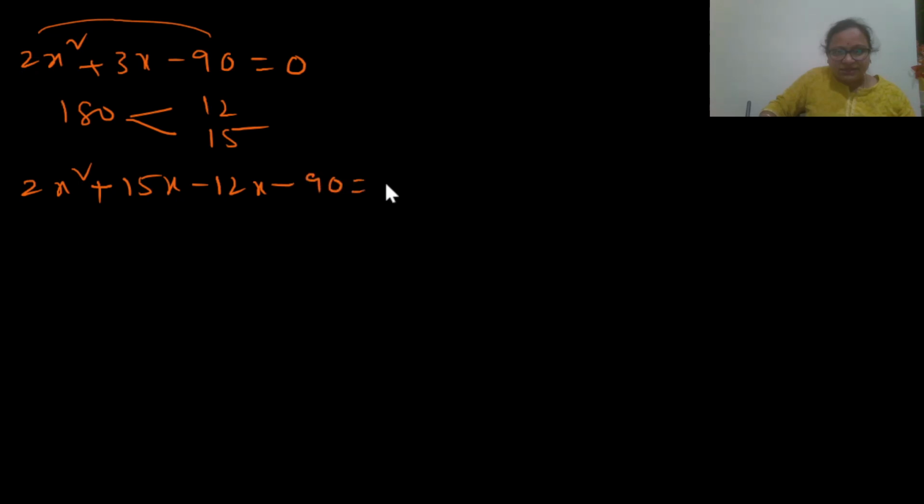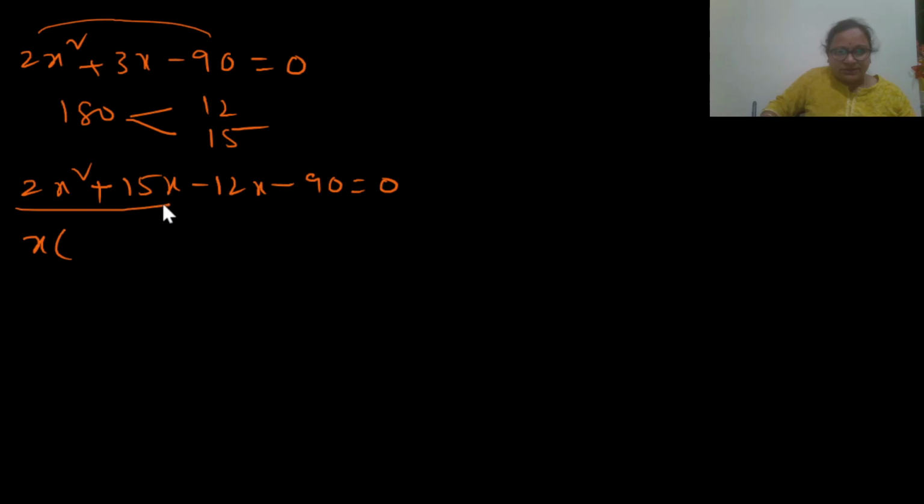Product of first term and last term is 180. So factors of 180 are 12 and 15. 2x square, middle term sign is positive, so the bigger number will have the middle term sign: plus 15x minus 12x minus 90 is equal to 0.